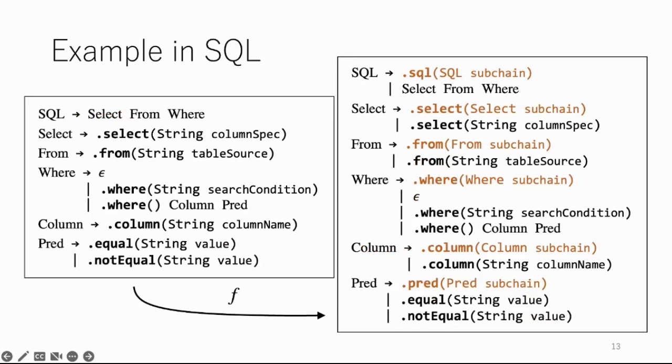Here is the example in SQL. The left figure is a grammar specification for the SQL library, and the right figure is the rewritten one. The method signatures highlighted in orange are the terminal symbols added by the rewriting.